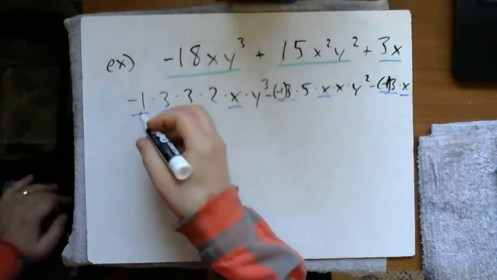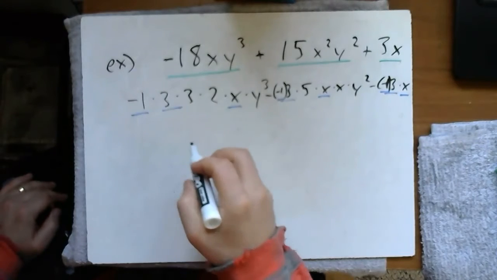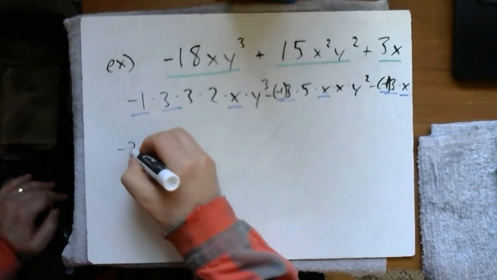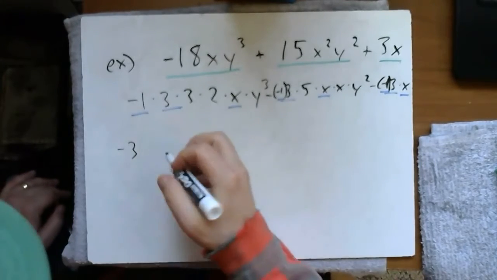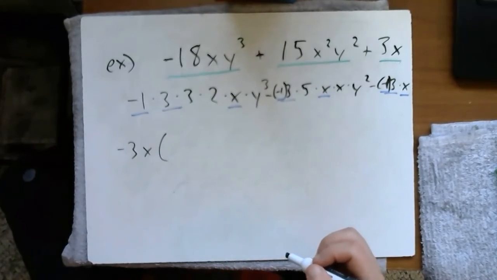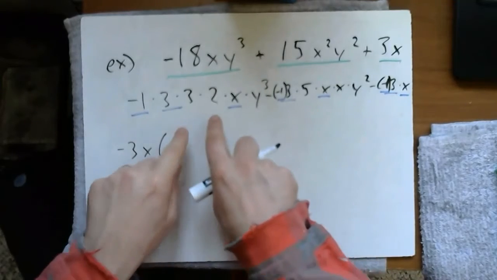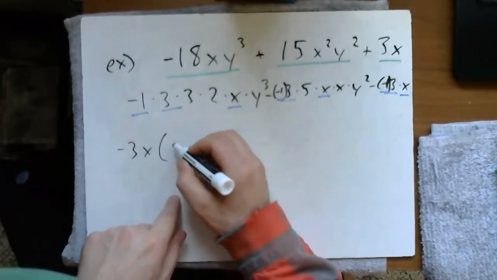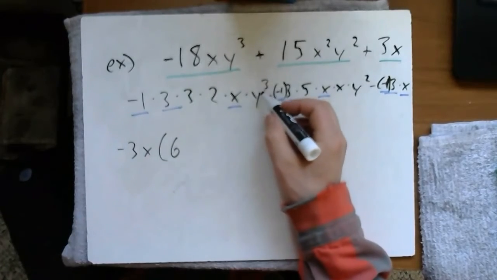So now when I find its greatest common factor, well, it's -1 times 3, which is -3, and they have an x. So -3x is the greatest common factor. Now, this trinomial is just going to have everything that wasn't part of that greatest common factor. So 3 times 2 is 6, and y to the third.